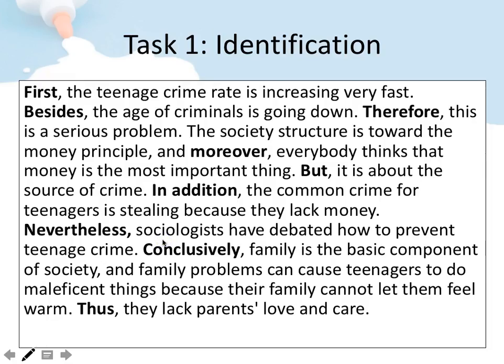Next, here's an example of a wonderful IELTS type writing test, and it shows a tendency of our students to overuse the linking words to make cohesion. Our writers sometimes say, oh, if I use all the connecting words I know, like first, besides, therefore, moreover, it's cohesive, right?